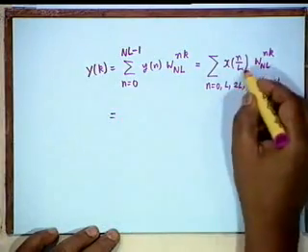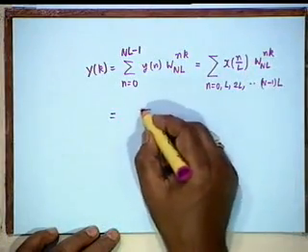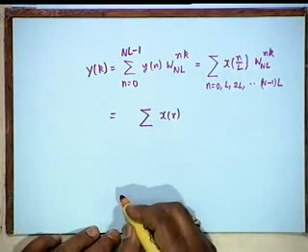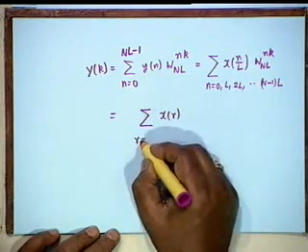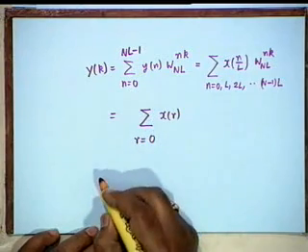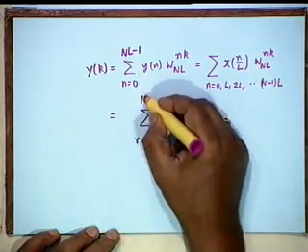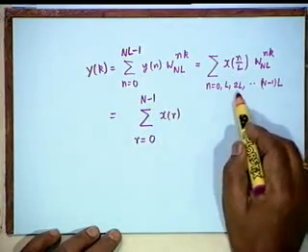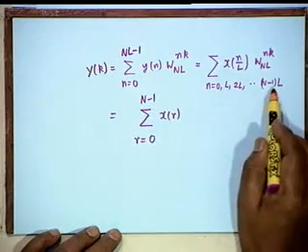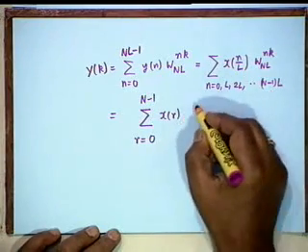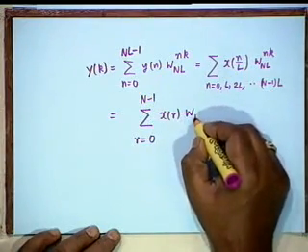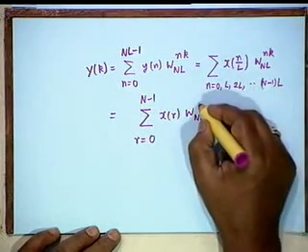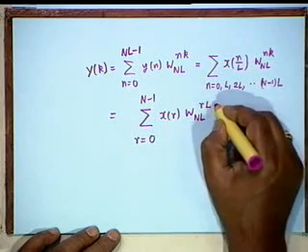Now, we change n by L, we make n by L equal to R, x of R. Then R should go from 0 to N minus 1, agreed? N by L is equal to R, so R is 0, 1 up to N minus 1. Then x of R, W NL raised to the power R L k.